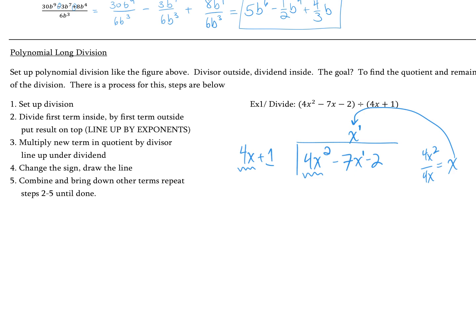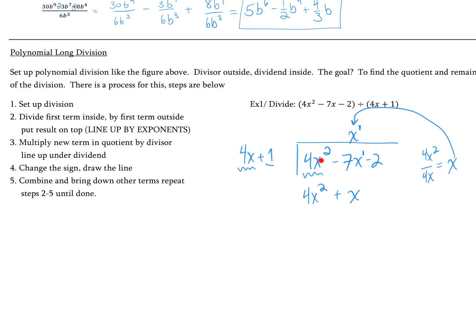The next step here, step 3, is to multiply the new term in the quotient by the divisor, and then you'll line those up under the dividend. So you're going to take this x and multiply it by 4x and 1. And when you do that, you'll get 4x squared plus x.